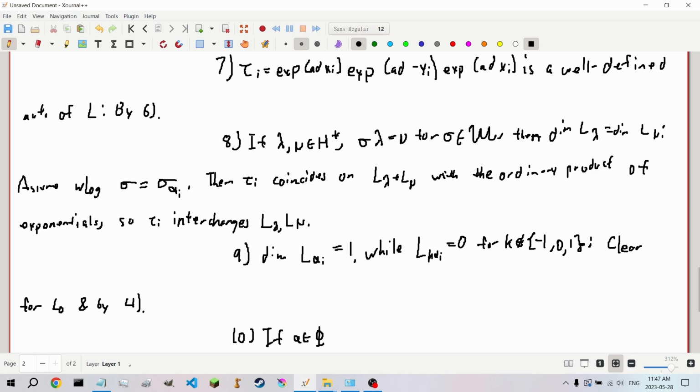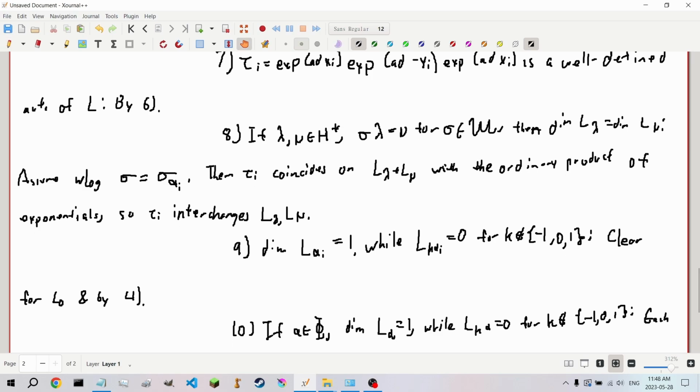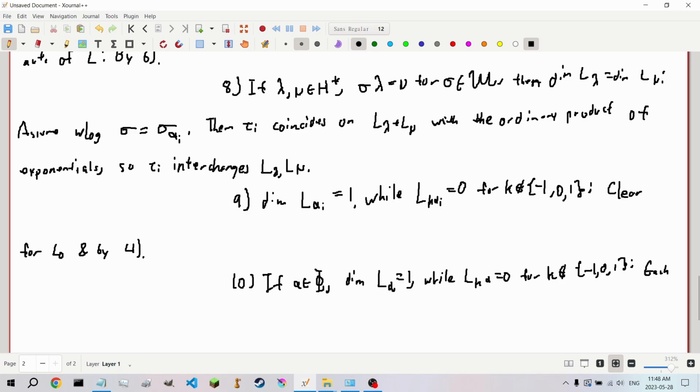If alpha is in our root space, the dimension of L alpha is 1, while the dimension of k alpha is 0 for k not in -1, 0, 1, as each root is Weyl conjugate to a simple root. So this is by steps 8 and 9.